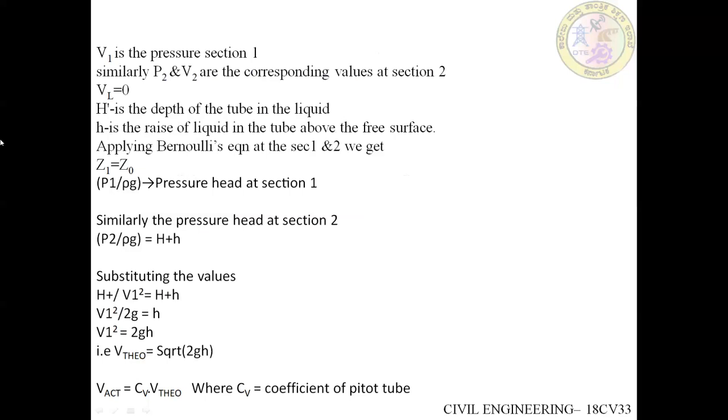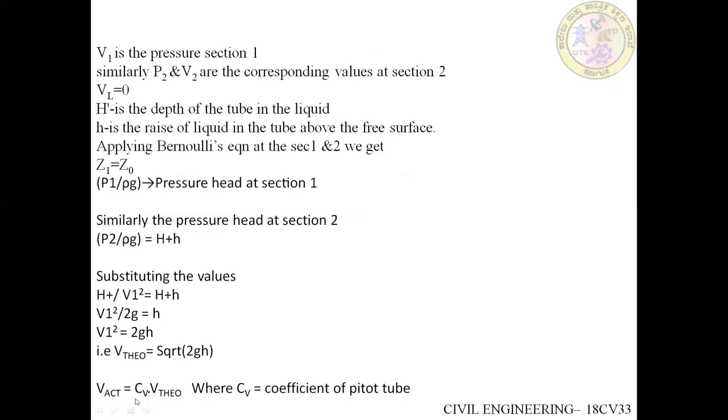So you have to apply Bernoulli's equation and substitute all these values as I have shown above. Then the last equation for velocity will be arrived at, which is equal to the square root of 2gh. So this is V theoretical.